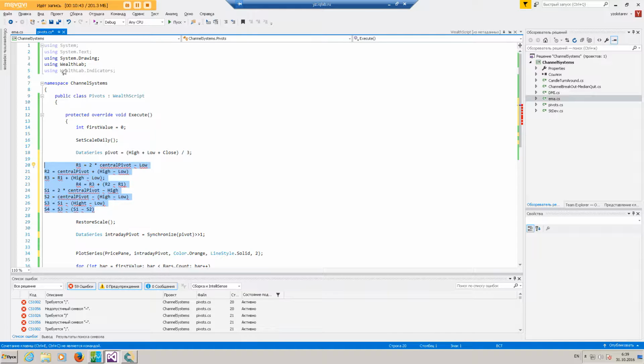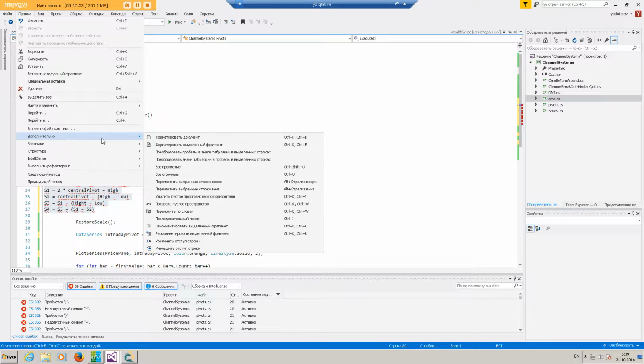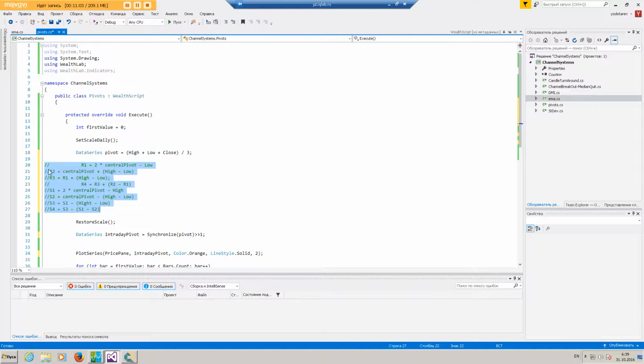How is it? I always forget how this comes. I have different shortcuts on different computers, and I always forget how to comment and uncomment. Control KC. Damn. I'll leave it here. Okay.